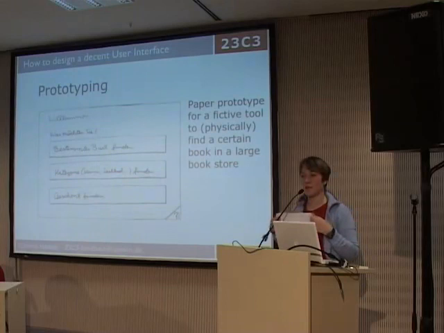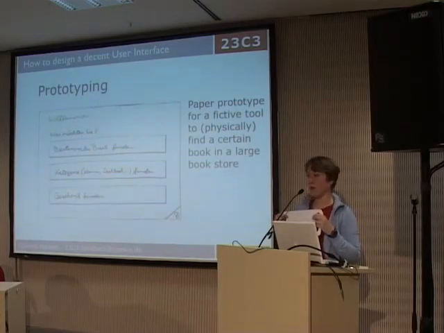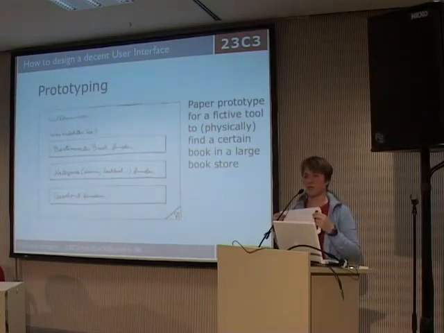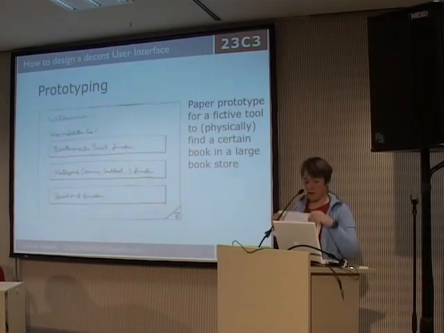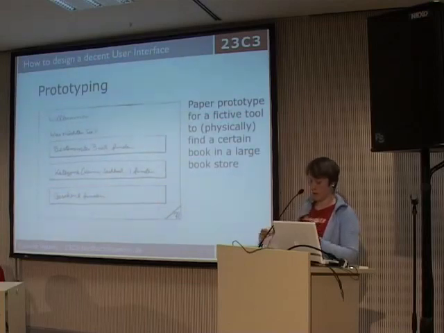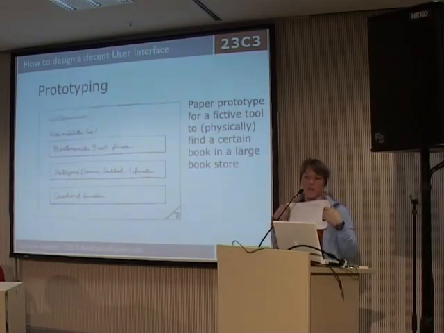And with that you can already do a test, and you can ask, if you had this tool and you wanted to find Secrets and Lies by Bruce Schneier, what would you click on? And then the user would choose one, and you would file through your papers and just get the next one. Something very simple, very basic.